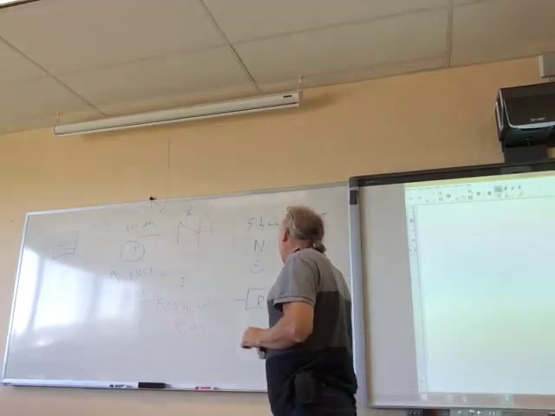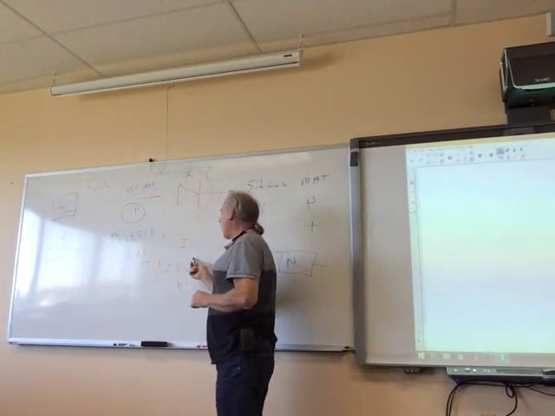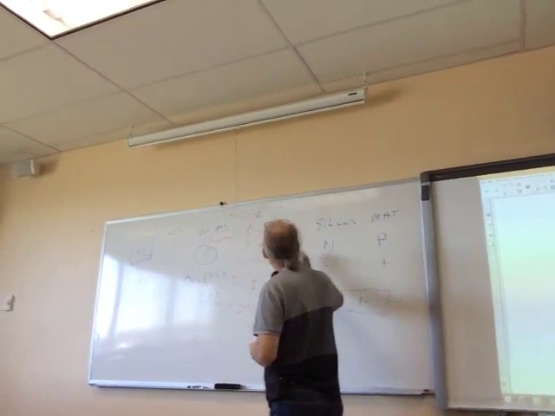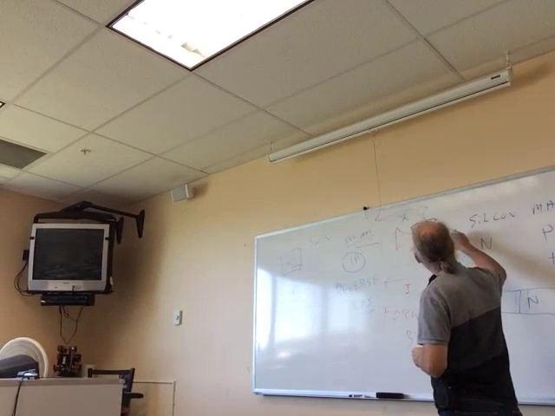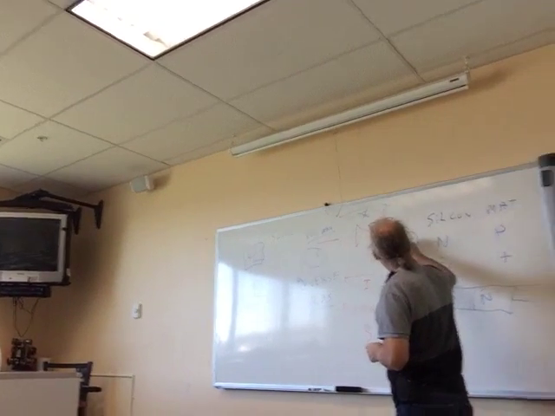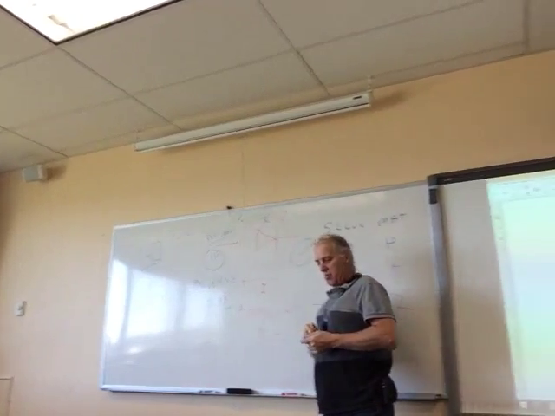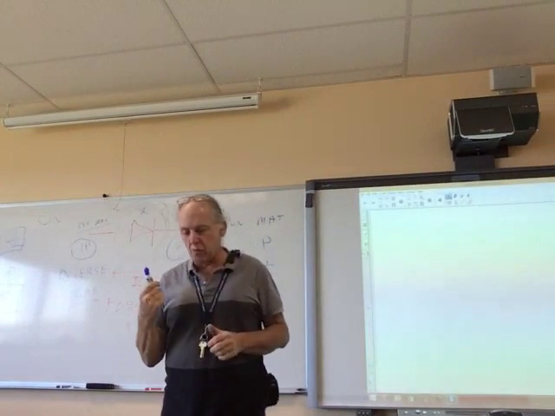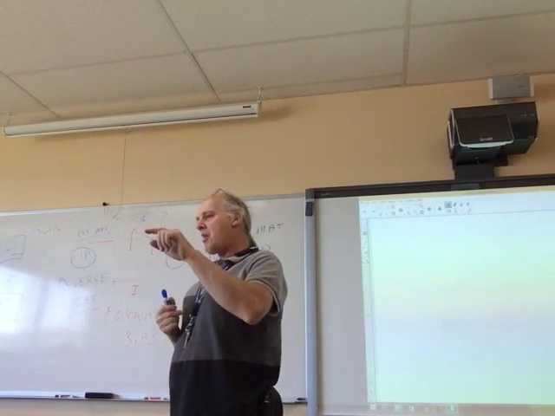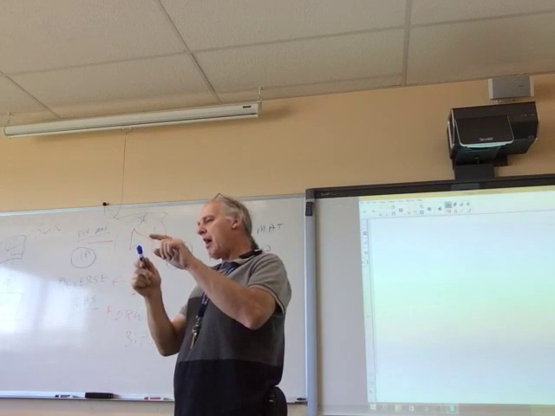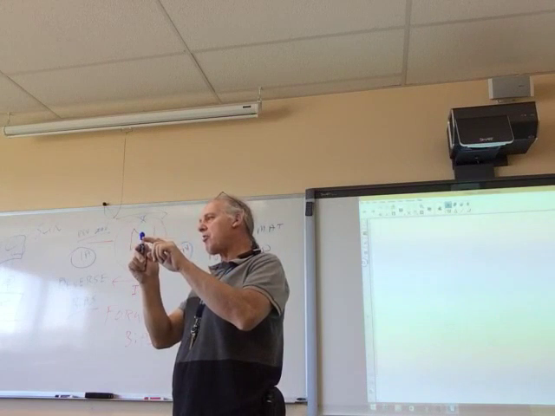In fact, to forward bias a diode, you're going to need 0.7 volts. In other words, if you start at 0 and you're headed to 12 volts, there will be no current flow until you get to 0.7 volts.